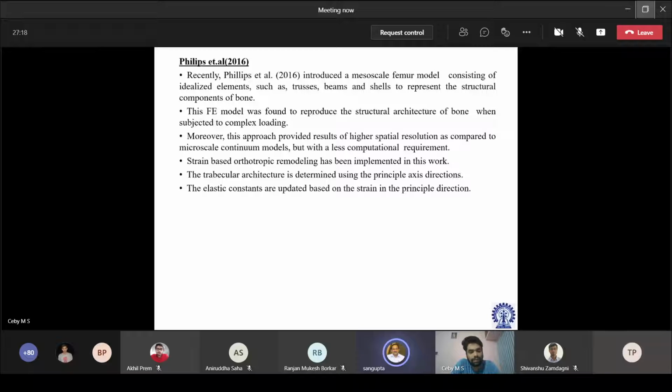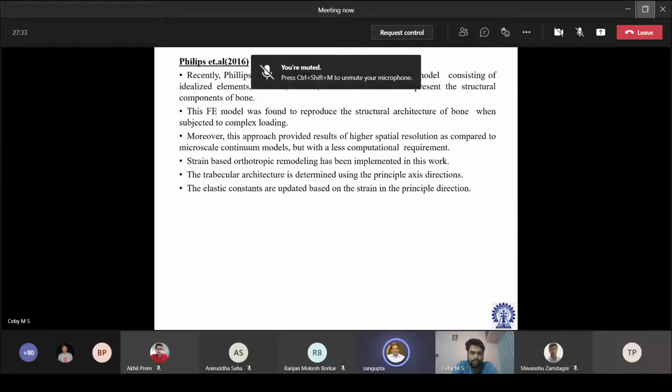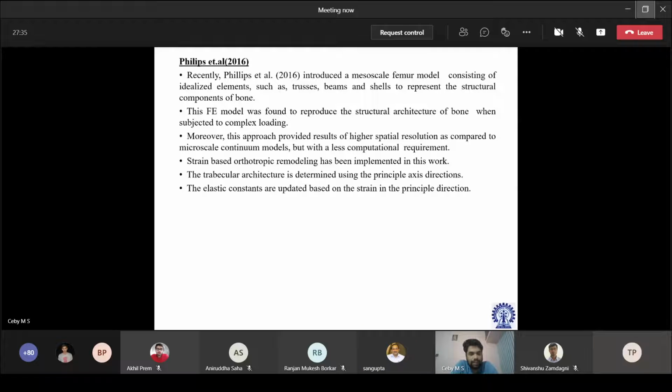Sevi, you just tell them about the process, how they are doing it. Okay, sir. From the isotropic model, they can get hold of the principal directions of strain. Then you go to the element level. Here at the element level, we get the principal directions and the principal stresses. Once we get the principal directions, we can vary the E modulus in that particular principal direction.